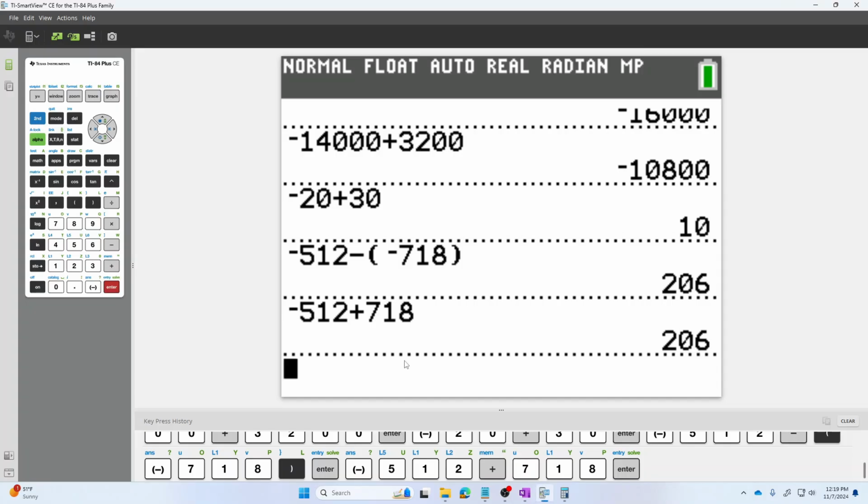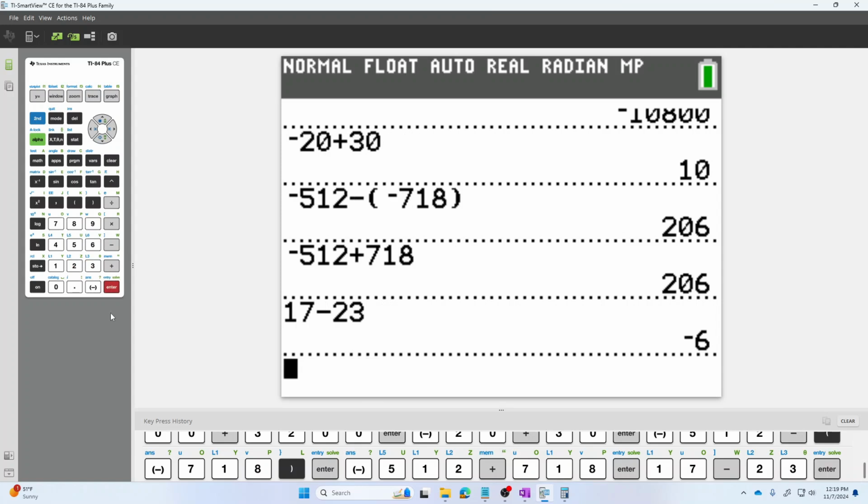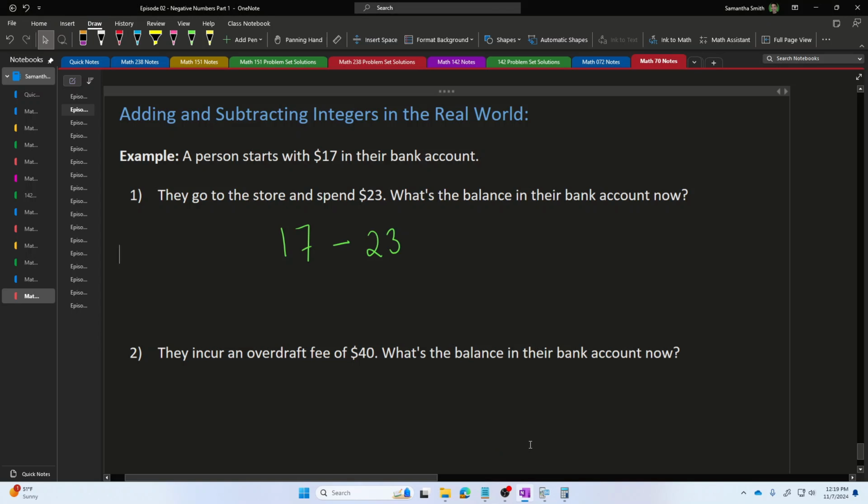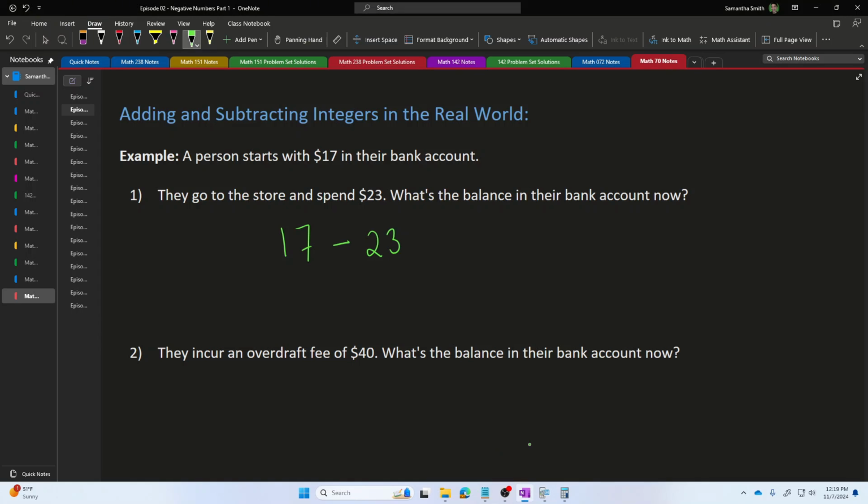So if I go to the calculator and type in 17 subtract 23, subtraction symbol here on the far right, I can see, yeah, from that calculation, I am getting negative 6 for the result, negative 6. So I'm in a bit of trouble now, right? I spent more than I had, so now there's a negative value in my bank account, negative $6.